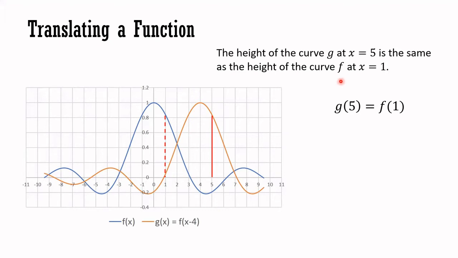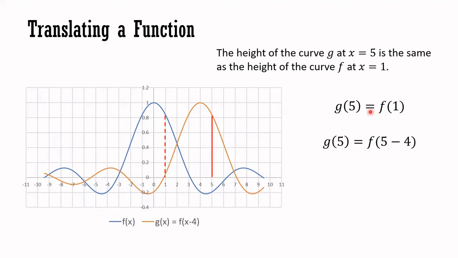We say the function g evaluated at 5, of course that's short for x equals 5, equals the function f evaluated at 1. Remember, graphically, the height of the curve is the value of the function. You plug in an x coordinate, that's a number. What you get out is another number that you use to be the height of the curve. So g of 5 equals f of 1.